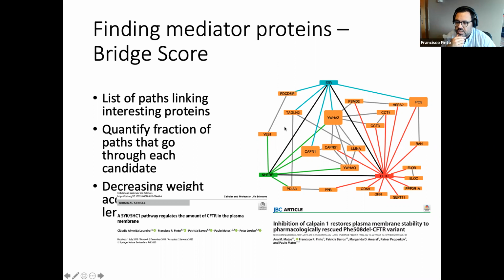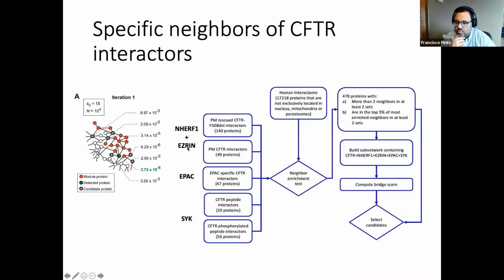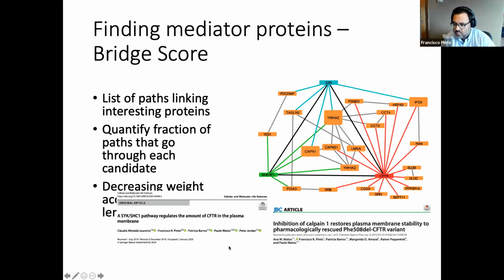This approach of the bridging score was used independently in 2 studies to identify candidates for modulating CFTR stability. So this was analyzing the individual lists, not the integration of the 5 lists, but analyzing each of the lists separately with the bridge score.